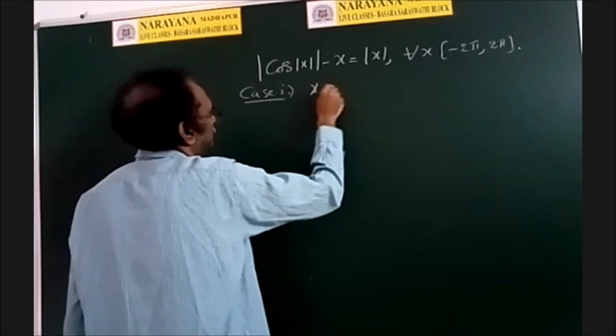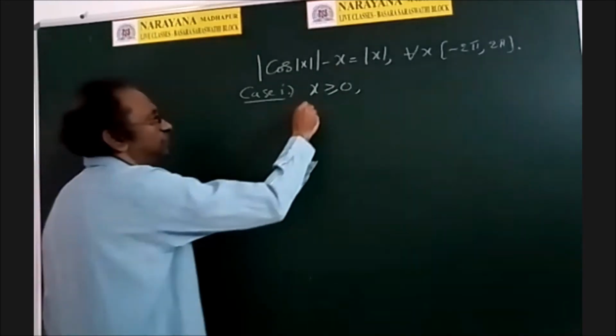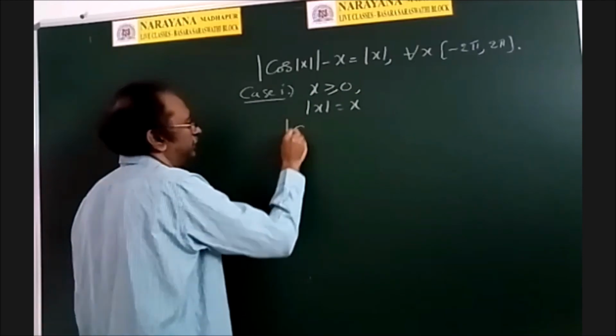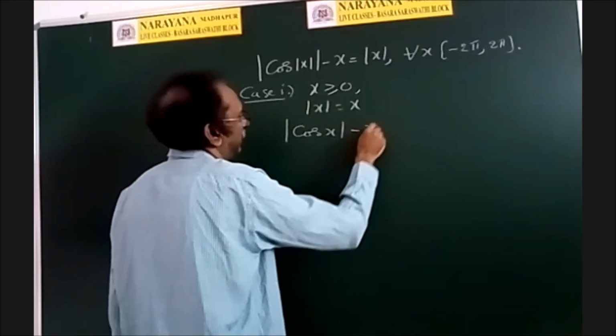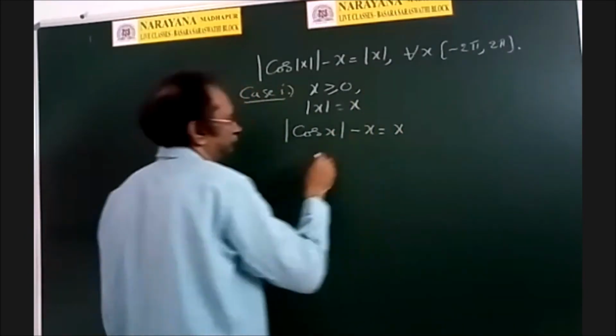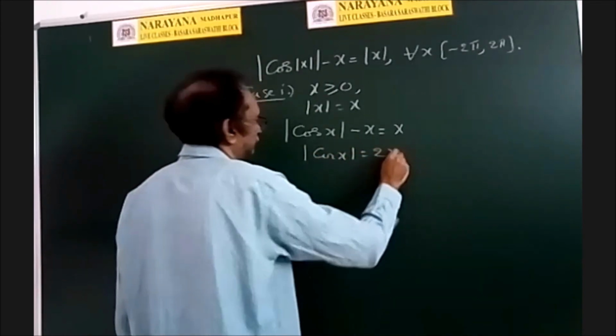Suppose x is greater than or equal to 0. Then immediately mod x is equal to x. And therefore, that equation becomes mod cos x minus x is equal to mod x, means x. Therefore, mod cos x is equal to 2x.